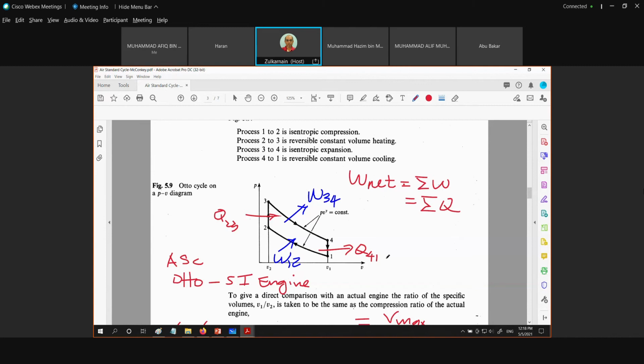What is the definition of a heat engine? We take the energy from TH, which is the supplied energy. Part of the energy is converted to W net. The balance we reject to the low temperature reservoir at TL, right? And then the whole heat engine runs as a thermodynamic cycle.